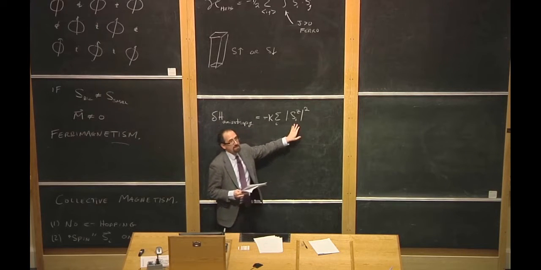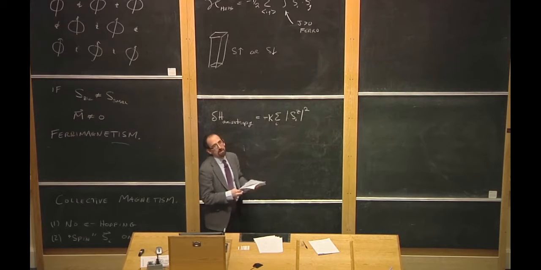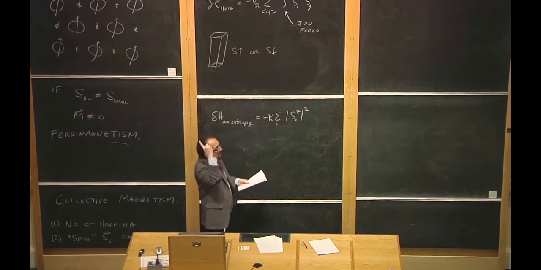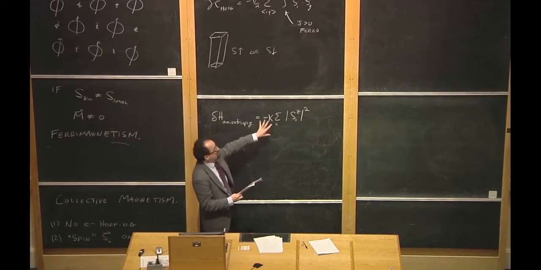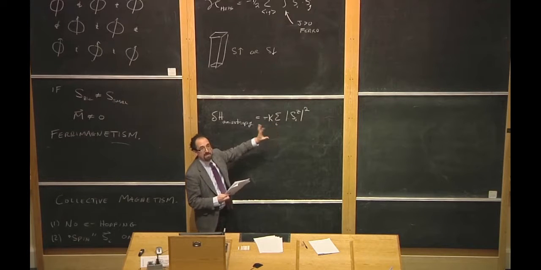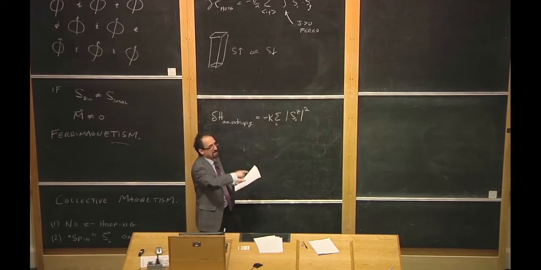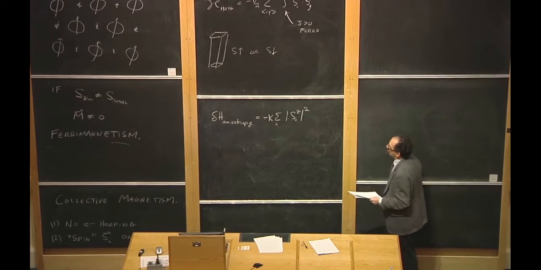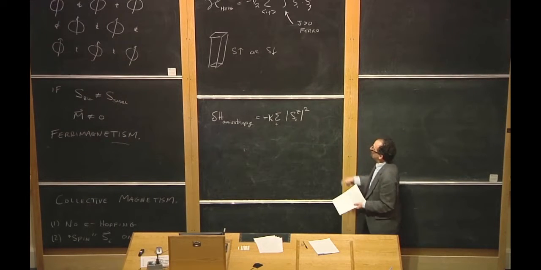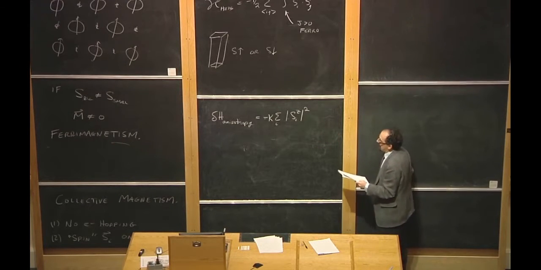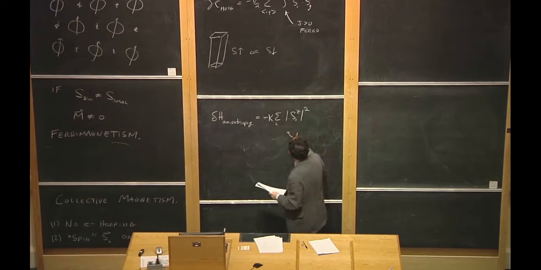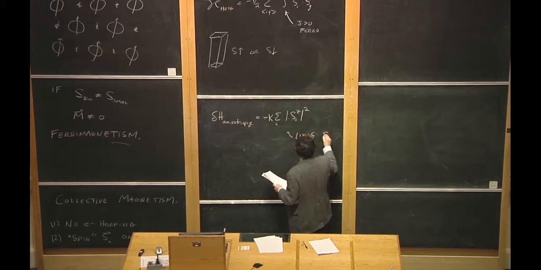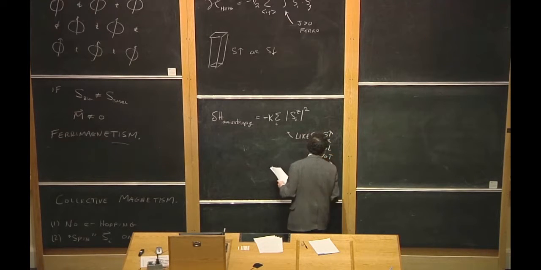Well, it wants to maximize the magnitude of S_z. If S is pointing in the direct up or direct down direction, this Hamiltonian is as small, as negative, as possible, compared to having S point in the S_z equals 0 plane, where this gets less negative. This anisotropy term is one we're going to consider a lot. So it likes to have S up or S down, not S pointing sideways.